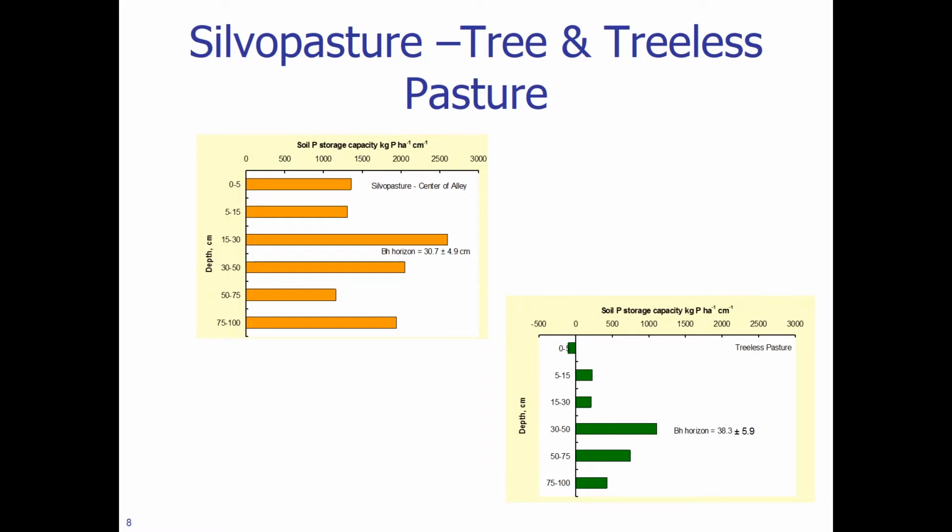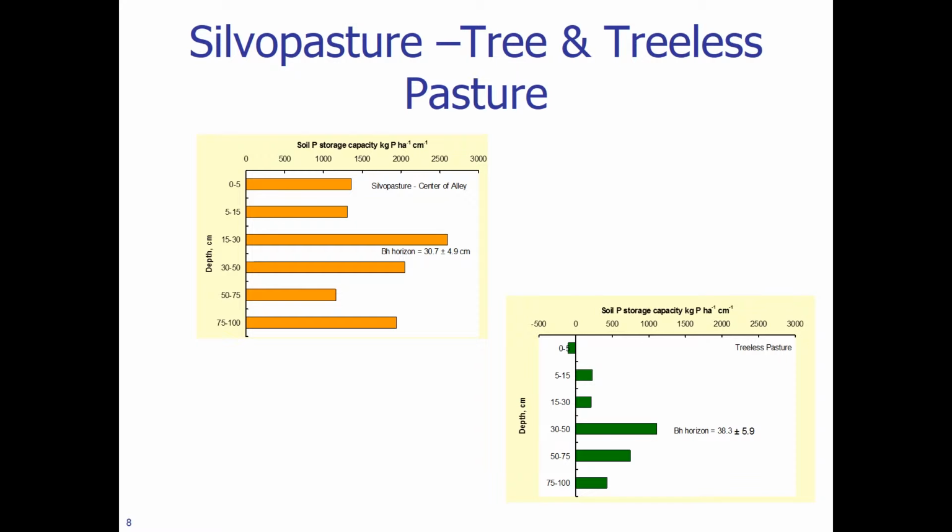And now we look at the silvopasture and compare the SPSC with that of an adjacent treeless pasture. This time we are looking at the silvopasture at the center of the alley, and of course the open pasture is the one at the bottom right hand side.